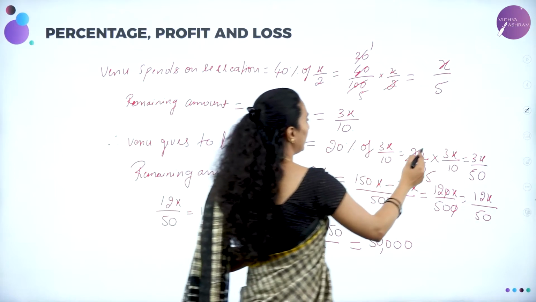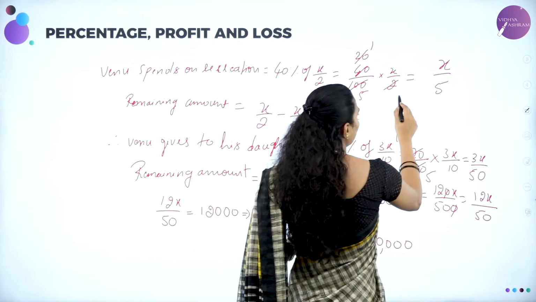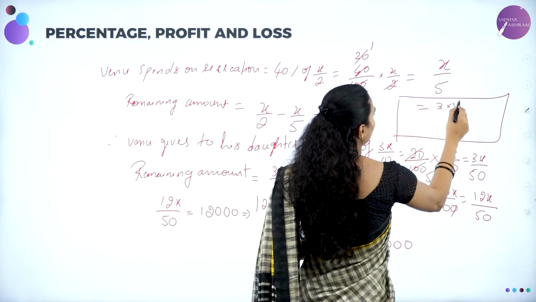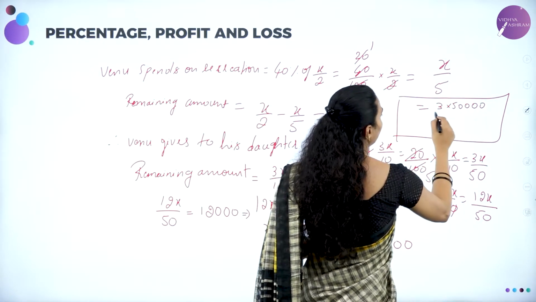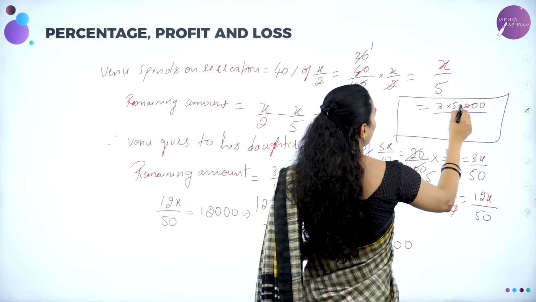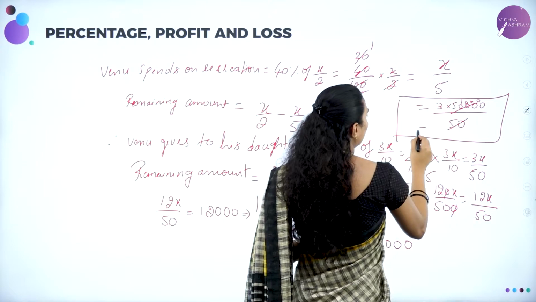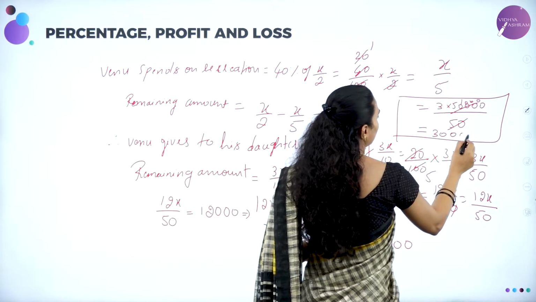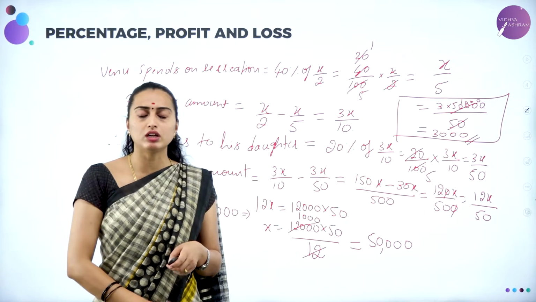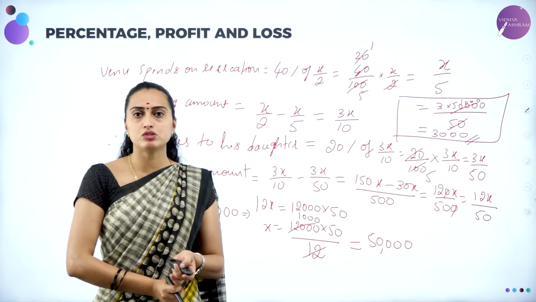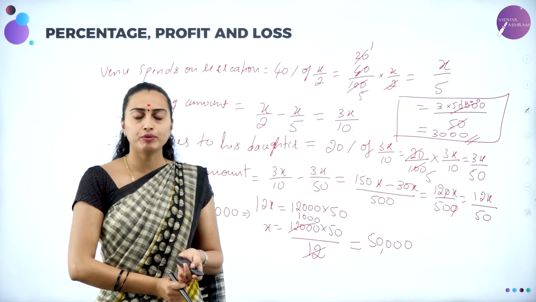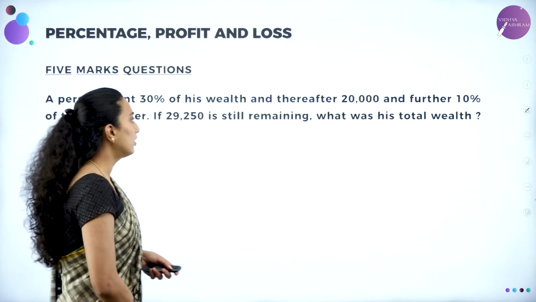So 3 into 50,000 divided by 50, that is 1,000, so 3 into 1,000 is 3,000. So the amount he gives to his daughter is 3,000. For his wife he gives 25,000. Understood? I hope you understood this problem. We'll move on to the next problem.